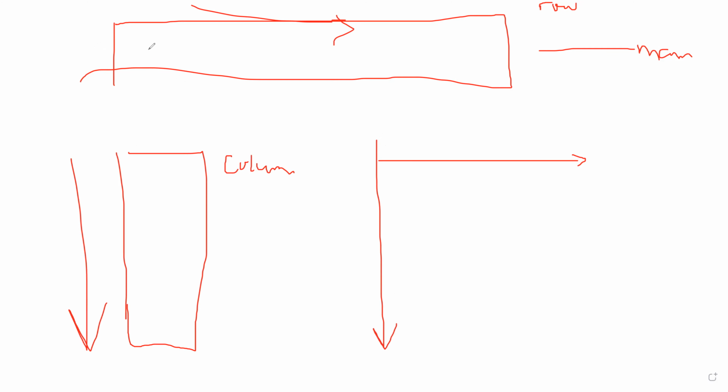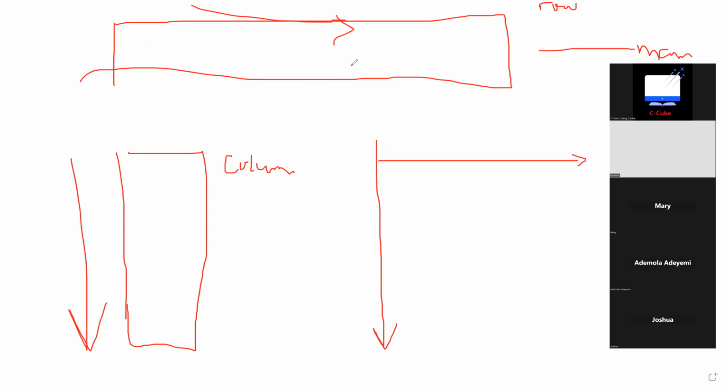Now, in Flexbox, if you can recollect, once you define your display property, and the default is row, as we know, then your justify content will always go in the main axis.